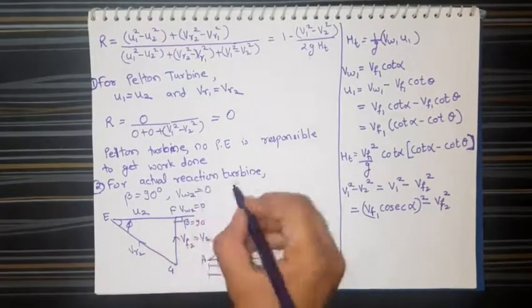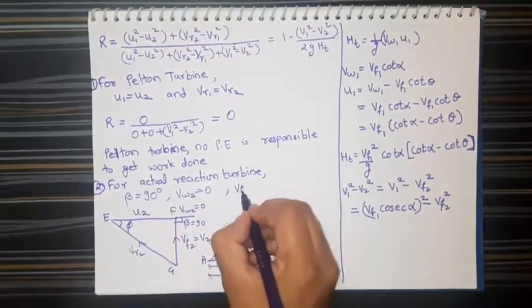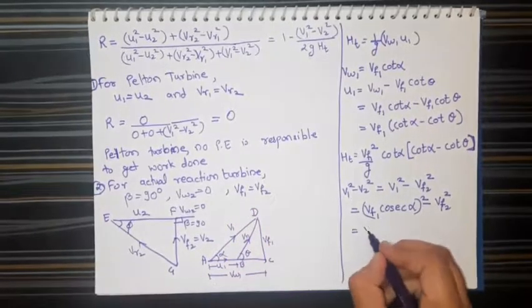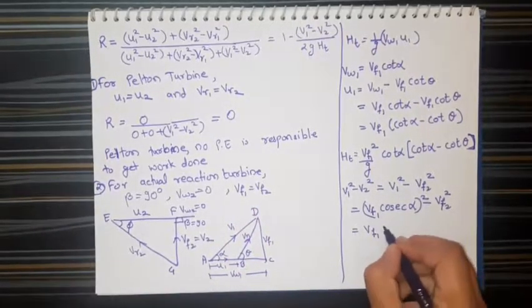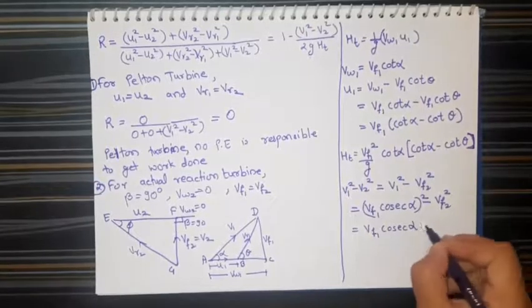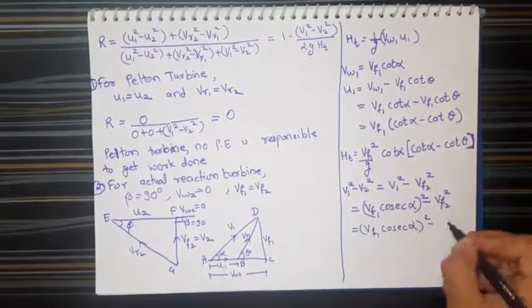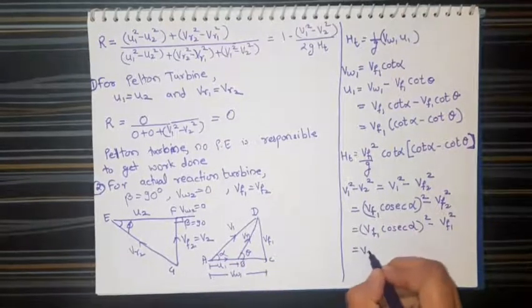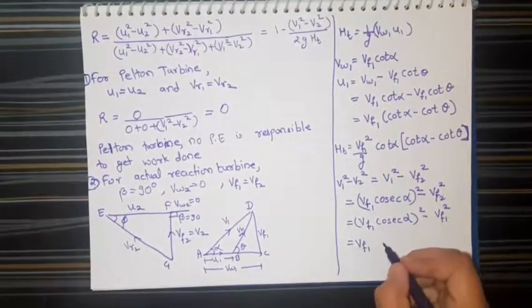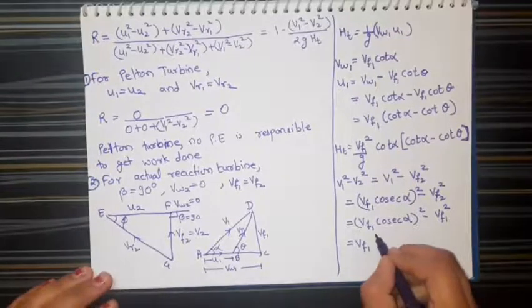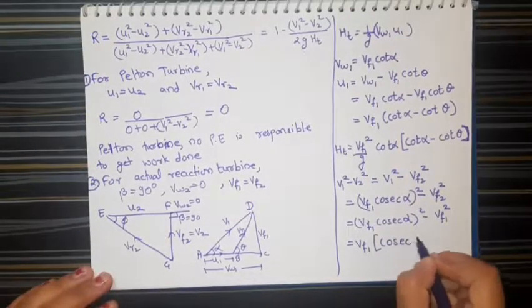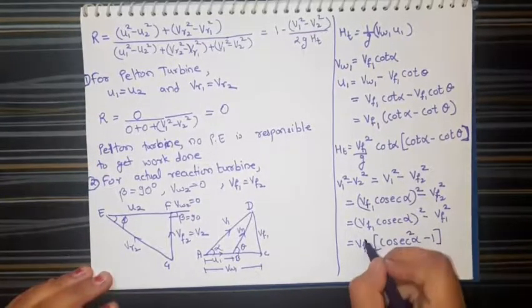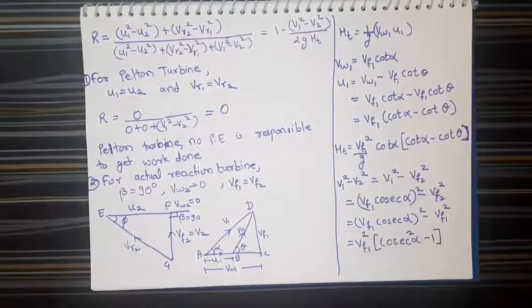Now for reaction turbine, we also consider that VF1 equal to VF2, so we can write VF1 square (cosec square alpha minus 1).